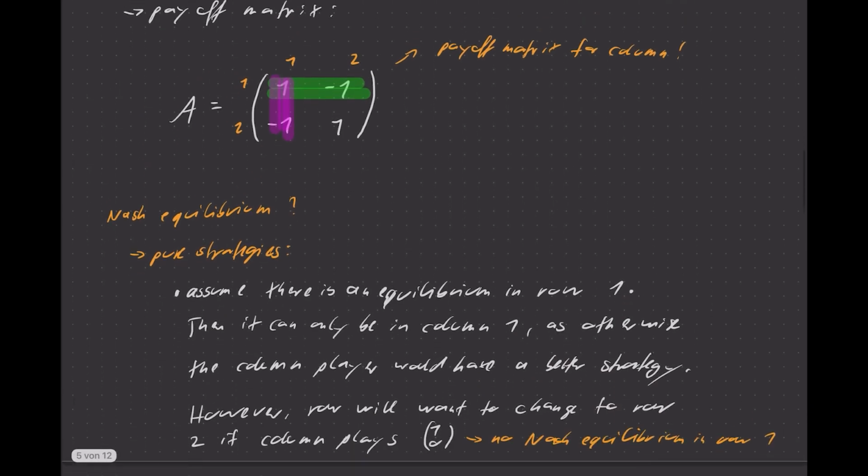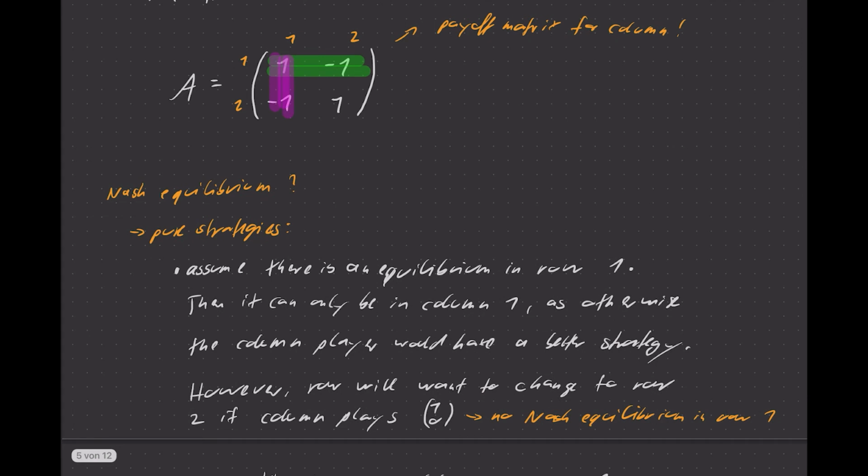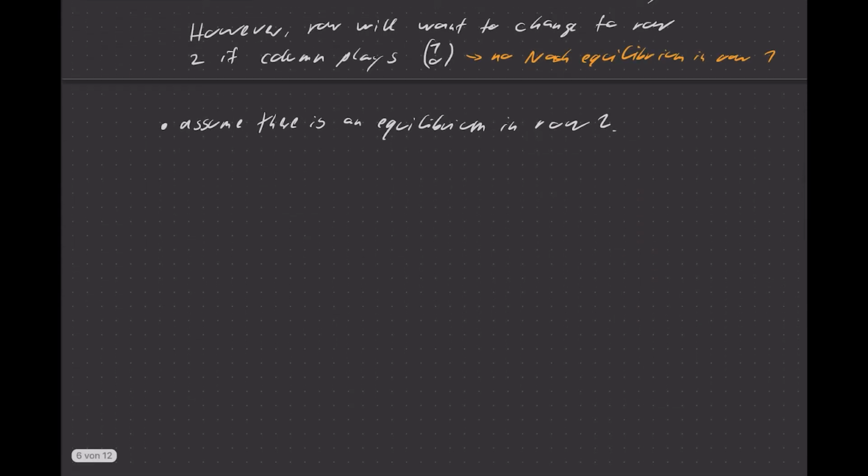Again, let's have a look at that matrix. I'll copy that. So we have 1, -1, -1.